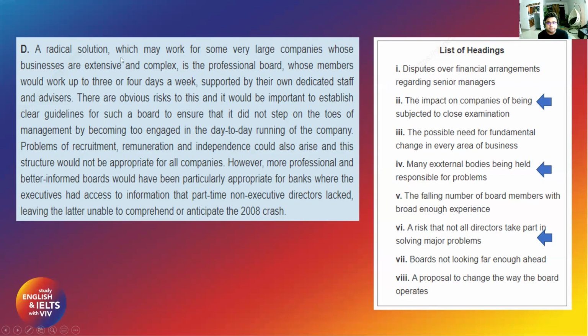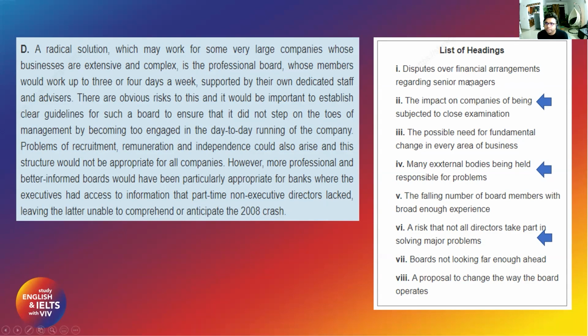It says a radical solution which may work for some very large companies whose businesses are extensive and complex is the professional board whose members would work up to 3 or 4 days a week, supported by their own dedicated staff and advisors. If I look at this, it does talk about a solution, sort of a solution for large companies whose businesses are extensive and complex, supported by, so some kind of a solution that's being mentioned here.